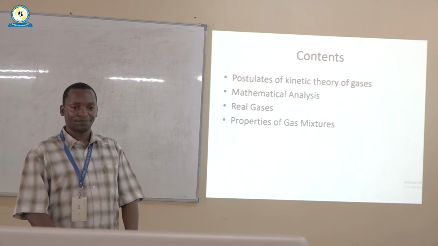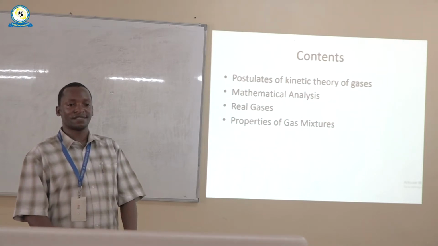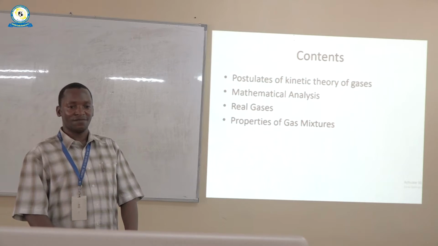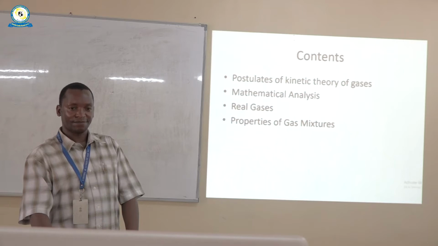In this part, we will have some postulates of kinetic theory of gases, mathematical analysis of theories of gases, real gases, and last we will have the properties of gas mixtures.